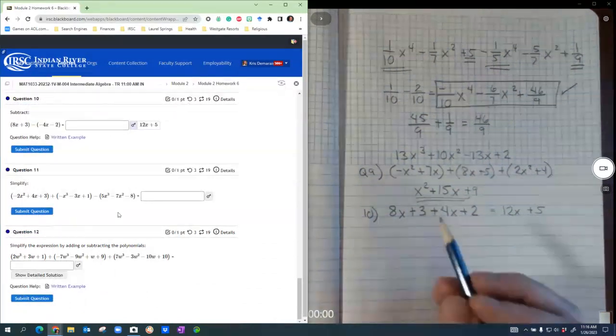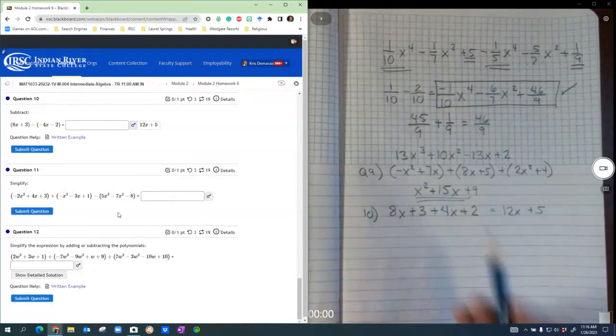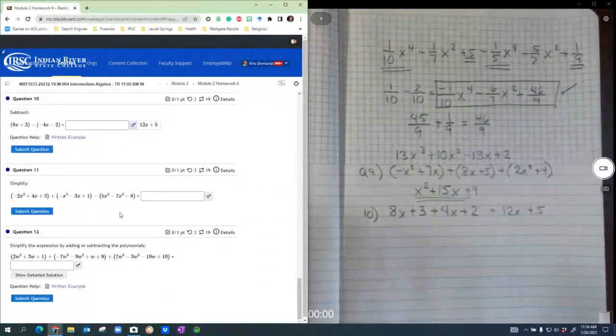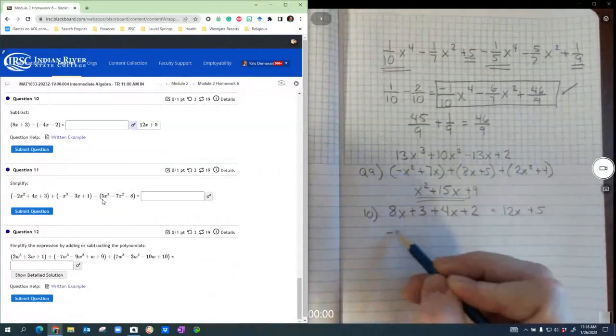And now doing this like the other one, I'm going to add it mentally with you. See, this is negative x to the third added to -5x to the third. That gives me -6x to the third.